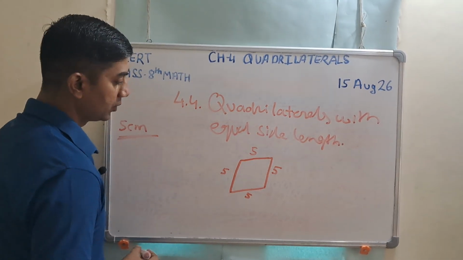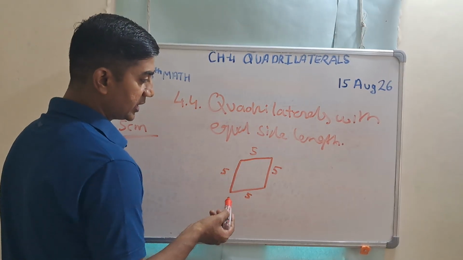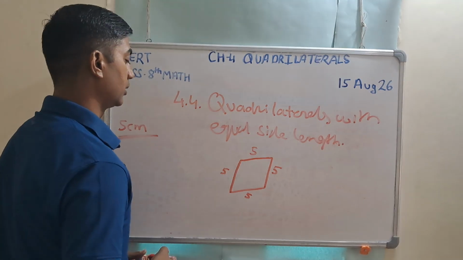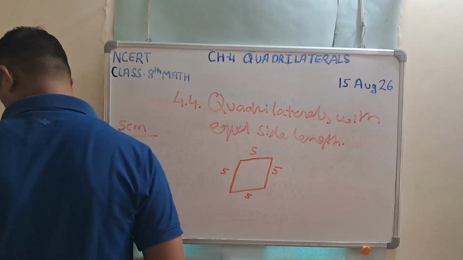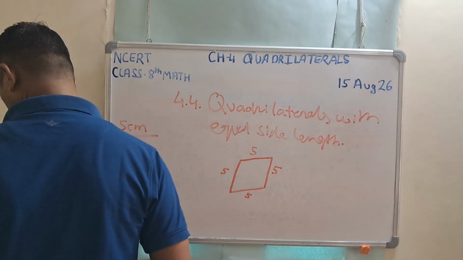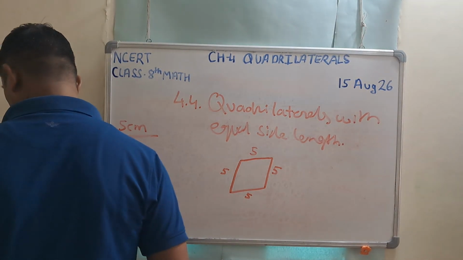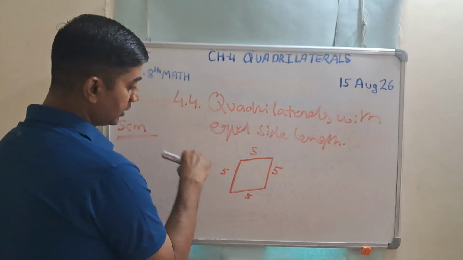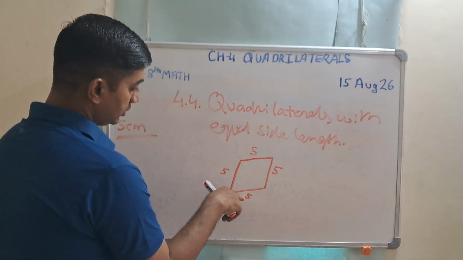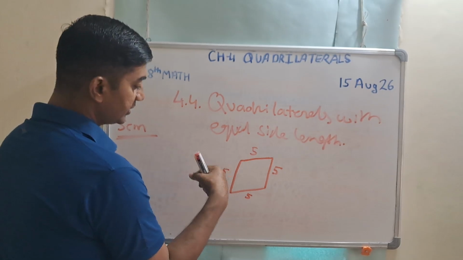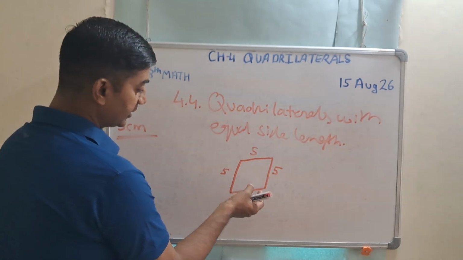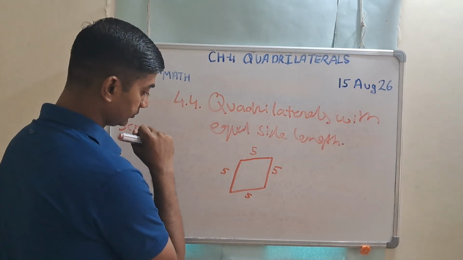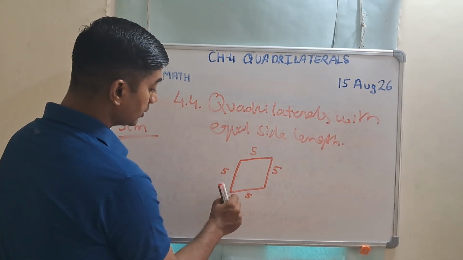Now we will see what special type of quadrilateral it becomes when the adjacent sides are equal. Now in this construction we came to know that since we are saying that adjacent sides are equal, it means any adjacent sides we take are equal. What does it mean?